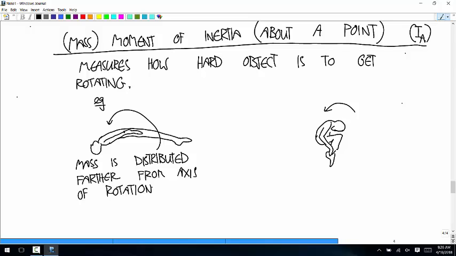And so if you do that, that's a big moment of inertia, and that makes it hard to rotate.